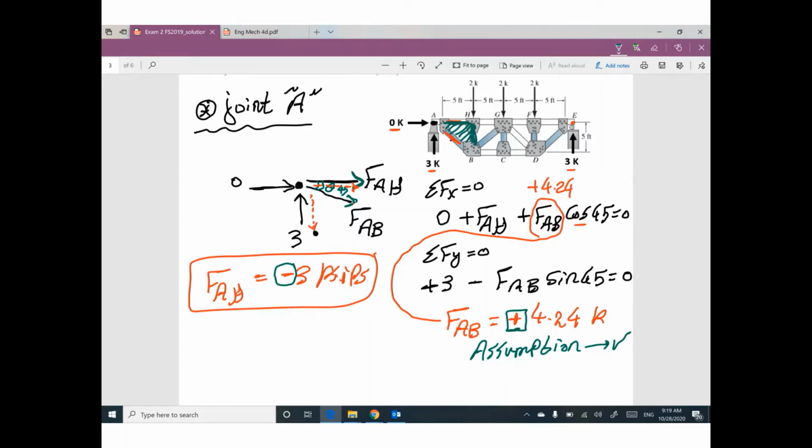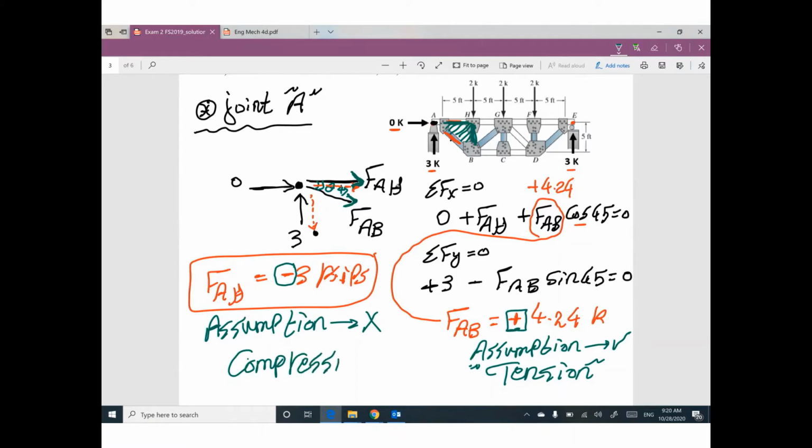I assumed FAB like tension. It's correct. It's a tension. A negative value means the assumption is wrong. I assumed FAH like tension. No, it's wrong. It should be compression.